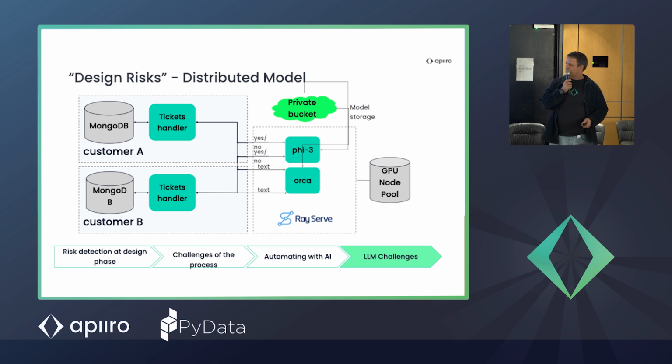If the ticket is risky, then the other model, Orca, is used to generate text per ticket per customer. And what Ray helps us with is good monitoring for our GPUs. It has auto-scale capabilities, and it also supports Kubernetes, which we use.